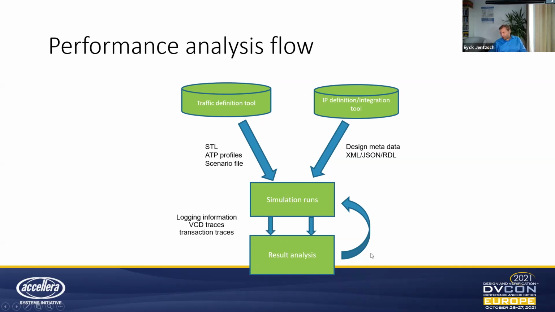and analyze the result. And of course, that most likely happens in a loop, because you may want to change the traffic profiles, or have different variations of your design. But I really want to focus here on this last step, the result analysis.